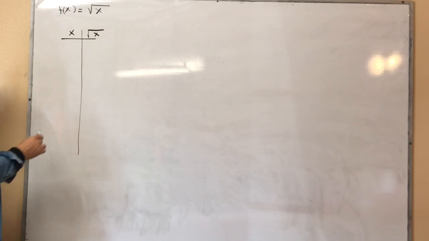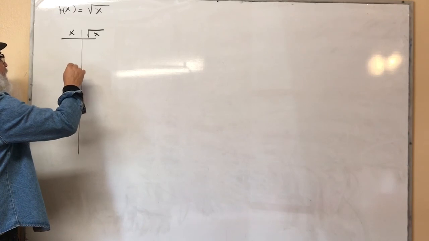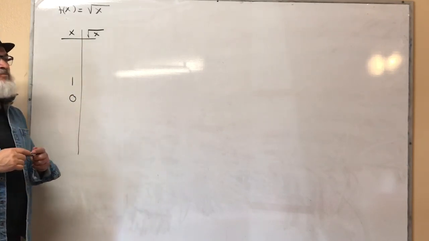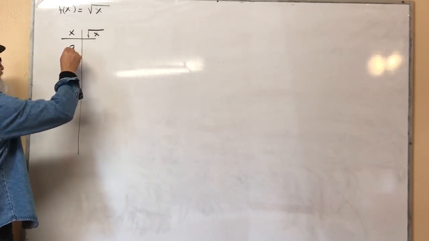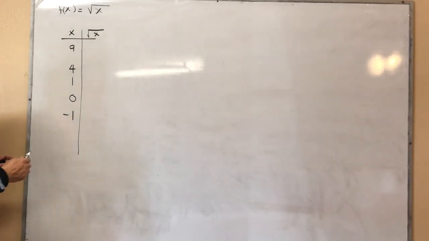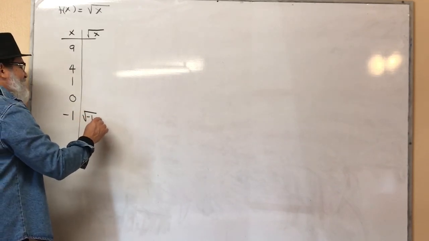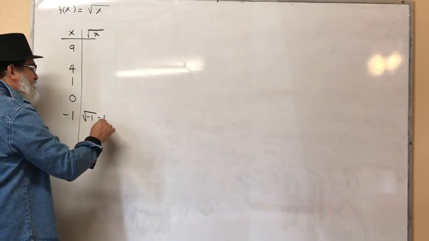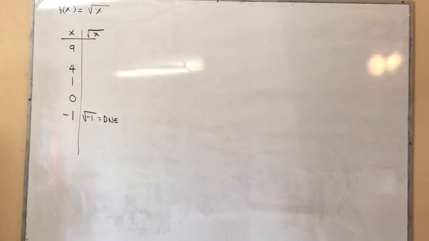Let x be 0. Let x be 1. You gotta pick nice, smart values for x here. Let x be 4. Let x be 9. Let x be negative 1. What happens if x is negative 1? That's the square root of negative 1. For graphing purposes, this does not exist. It's a complex number, okay? It doesn't exist if you're trying to graph it.